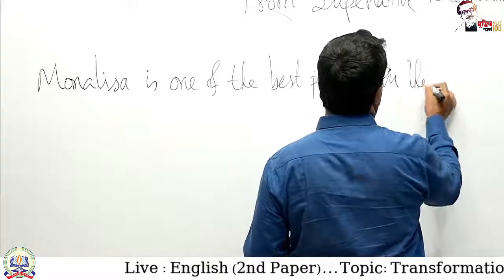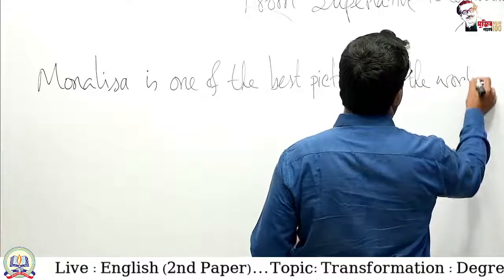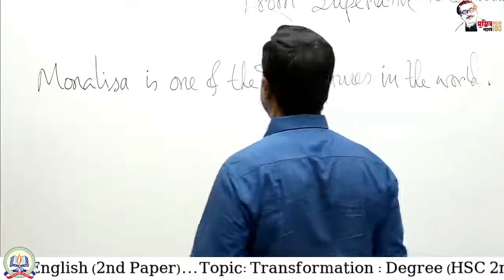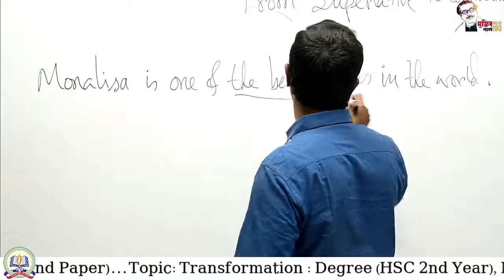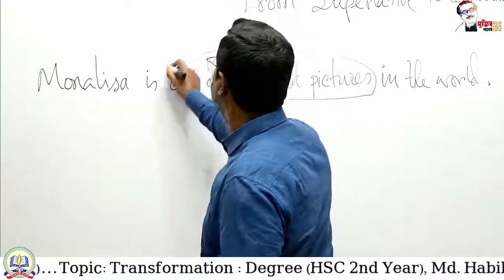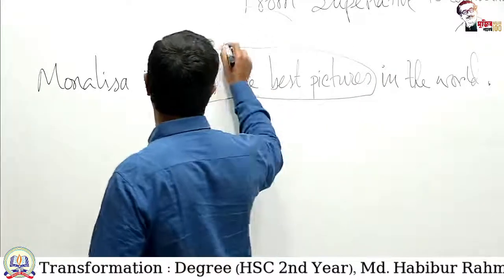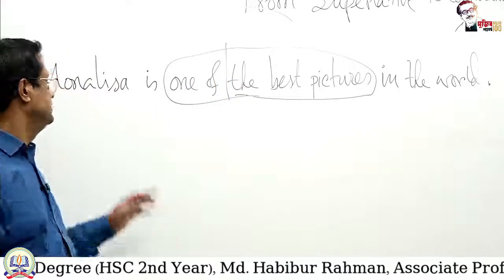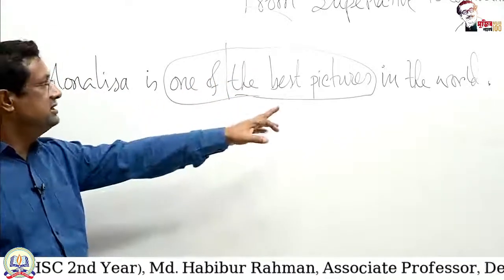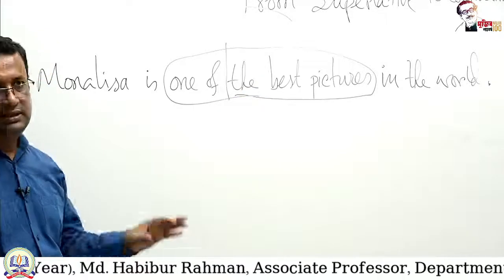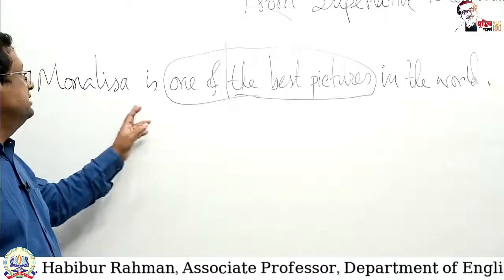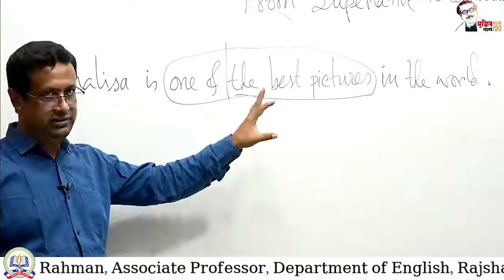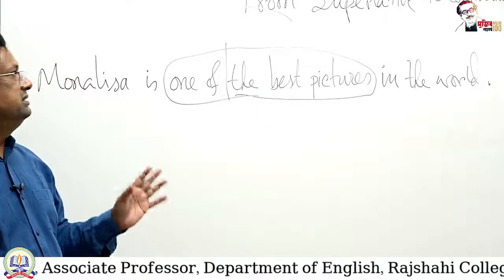This is our superlative degree sentence, the best pictures. But we find another thing, one of the best pictures. Mona Lisa is the best picture in the world. That is one thing. Mona Lisa is one of the best pictures in the world. That is another thing.